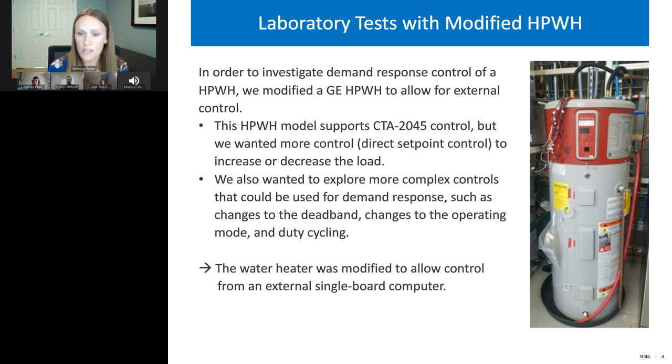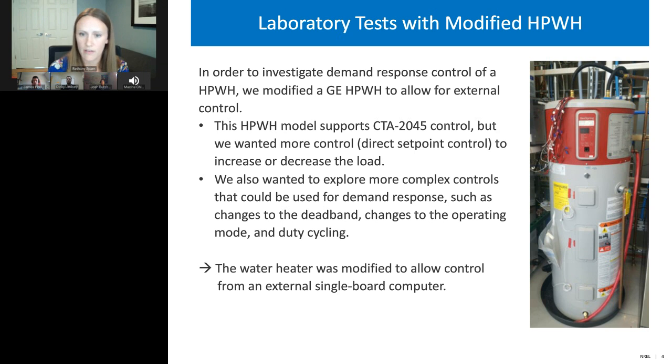Okay, so the first thing we did here was we modified an older GE heat pump water heater. The reason we did this was we wanted to be able to investigate controls for demand response, but we wanted to have a better idea of what was actually happening. This particular water heater did have a port for CTA-2045, but there's always a little bit of ambiguity around what's actually being done in the different modes.